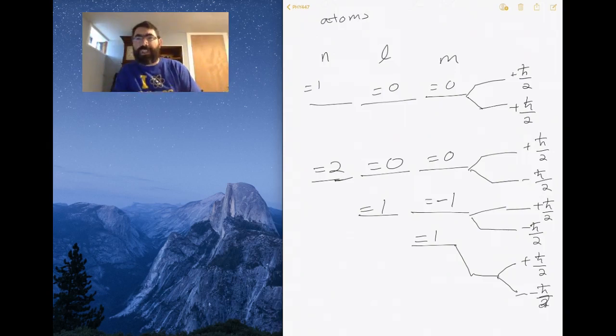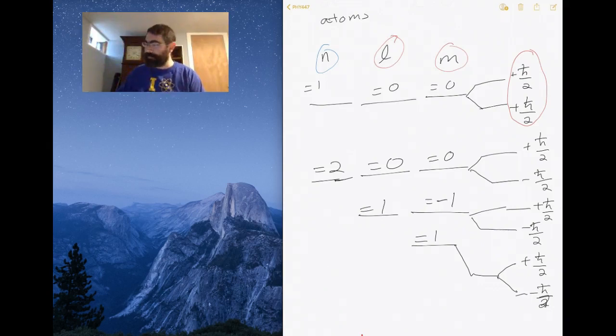So now you can see all the degeneracies. There's the principal quantum number degeneracy associated with the total energy. There's the degeneracy of the angular momentum and its projection in the z direction. And then lastly, there's this degeneracy with the spin orientation.